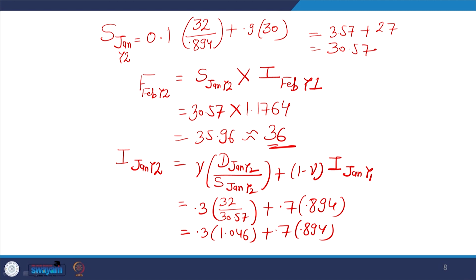So, 0.3 times 1.046 is 0.314, plus 0.7 into 0.894, which becomes 0.6258. Plus 0.314 equals 0.9398.